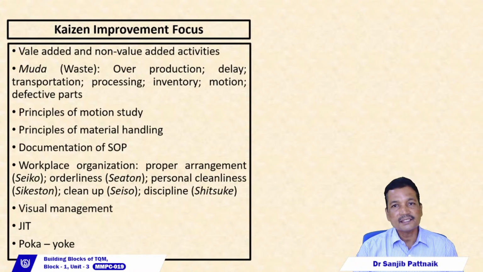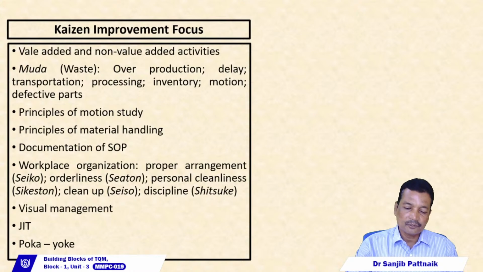Whatever we do that is bringing improvement should be documented as a standard operating practice. Then we talk about ergonomics, in other words, workplace organization. That is how it is to be arranged, cleanliness, discipline, etc. Also, we talk about just in time, that is JIT, and Pokayoke.